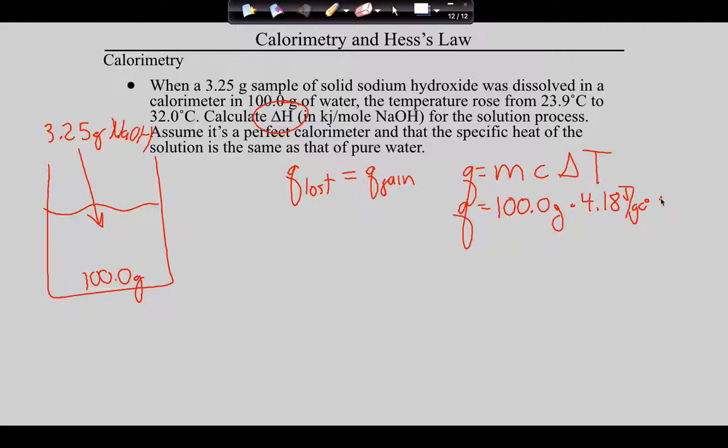Remember, I went to public schools. 8.1 degrees Celsius, and we do the math: 100 times 4.18 times 8.1, and with two significant digits, 3,400 joules.